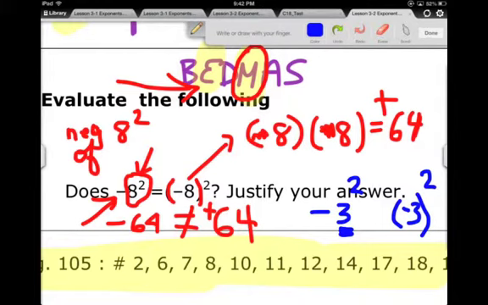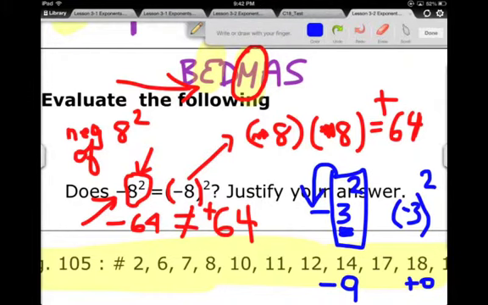So this is positive 3 squared, and then it's made negative. That's like multiplying the answer, which is 9, by negative 1, which gives it a negative 9. That is radically different than negative 3 times negative 3, which gives you a positive 9. When you compare them, they're totally different values. They're actually 18 values apart. Very important to note.